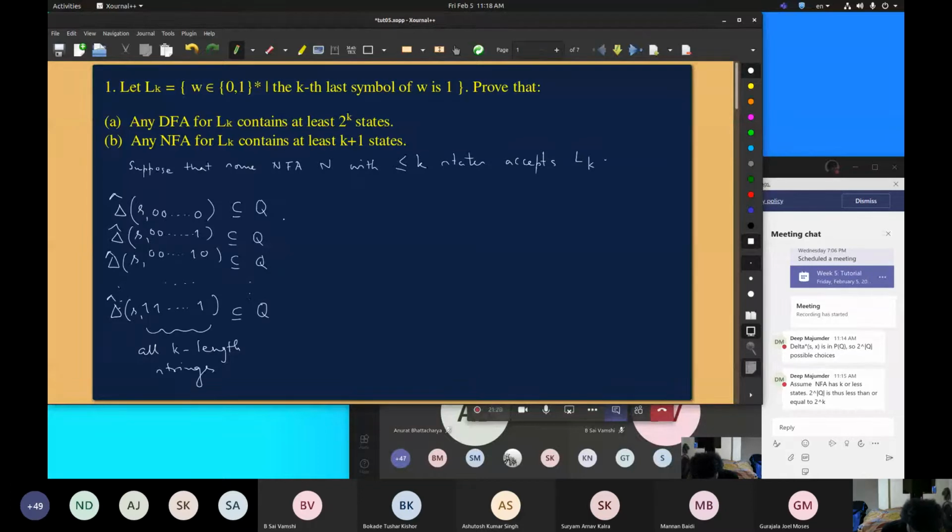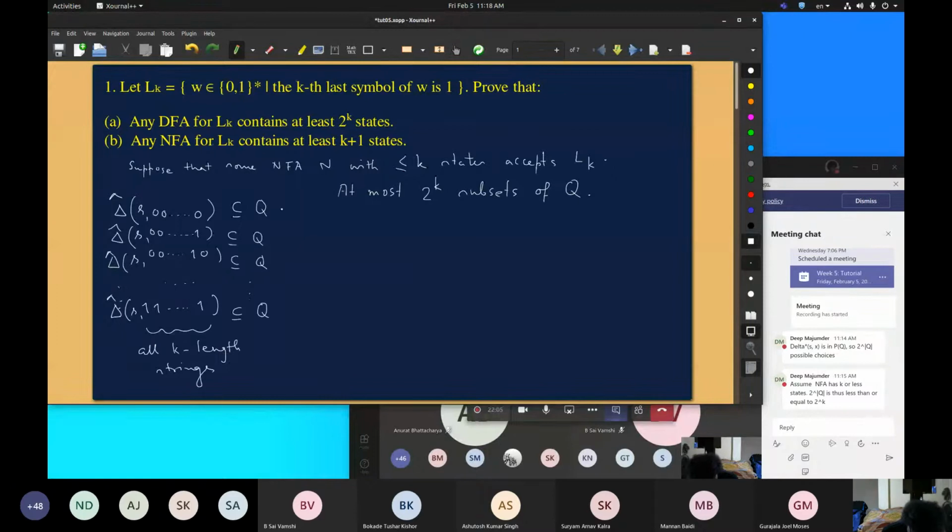If this machine has less than or equal to k states, then as is suggested in the chat section, we can have at most 2 power k subsets of Q. So this is one of these 2 power k subsets, this is one of the 2 power k subsets, and so on for every k length input.